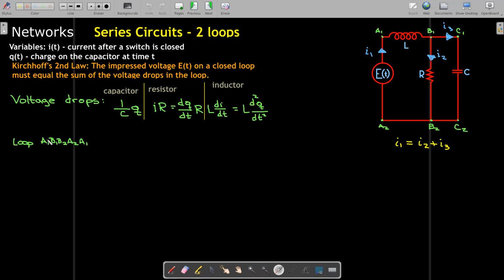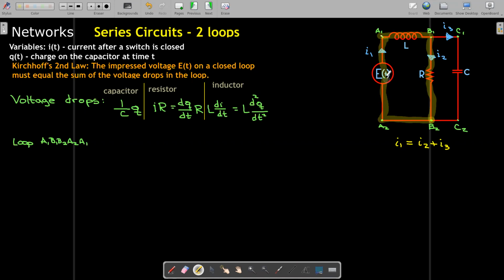So certainly if I start with a loop like I did before, where I start here at A1, go over to B1, down to B2, over to A2, back up to A1.